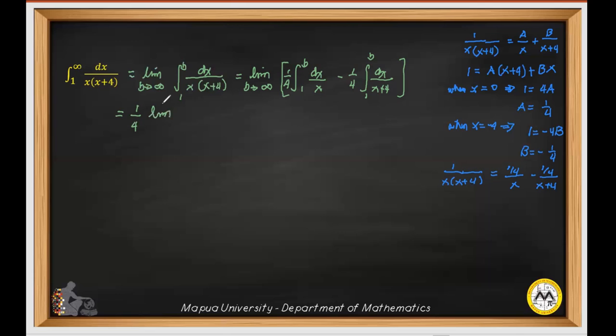Since it is a constant, we will have the limit as b approaches infinity of the integral of the differential of x over x, which leads to the natural logarithm of x, minus the integral of the differential of x over x plus 4, which leads to the natural logarithm of x plus 4. And this must be evaluated from the lower limit 1 to the upper limit b.